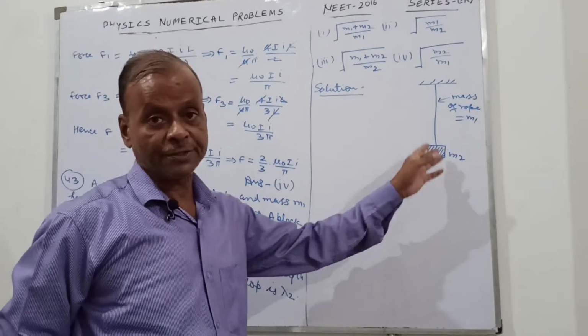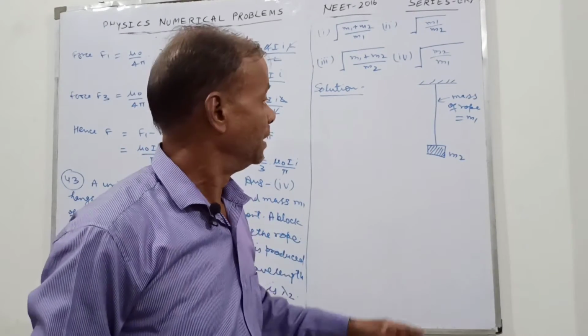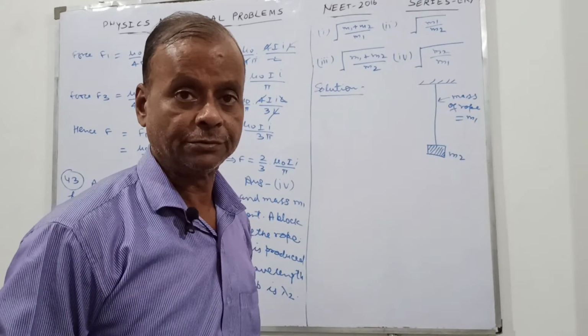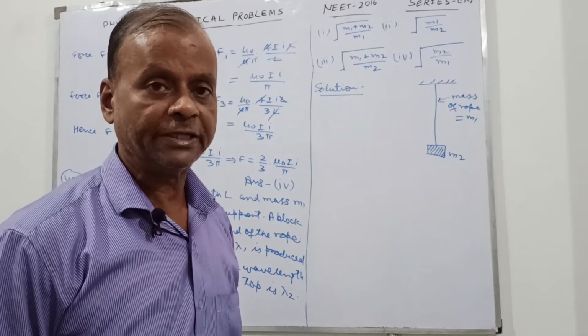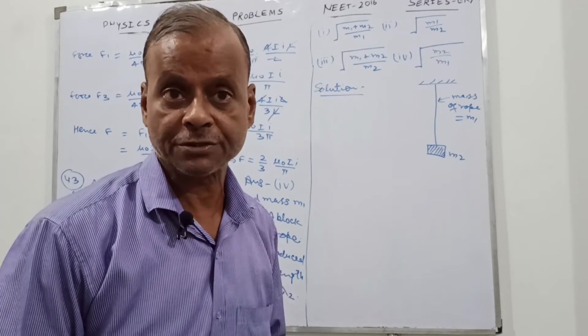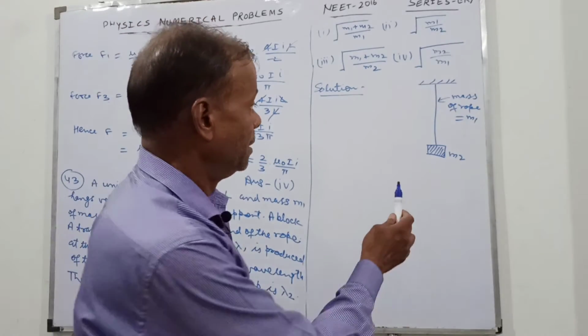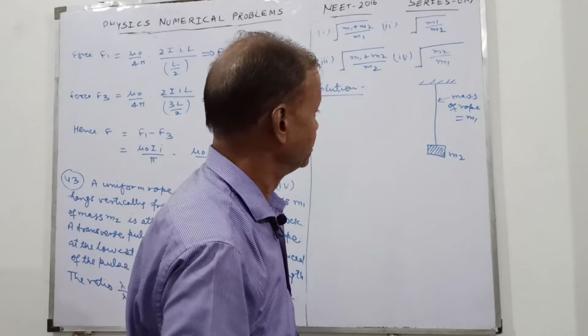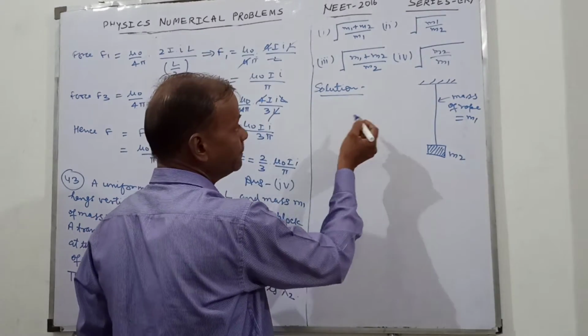When a transverse pulse is given to this rope at the lowest end, it will move towards the support. So when the pulse is given, a transverse wave is produced. We move it like this, so it goes upward.